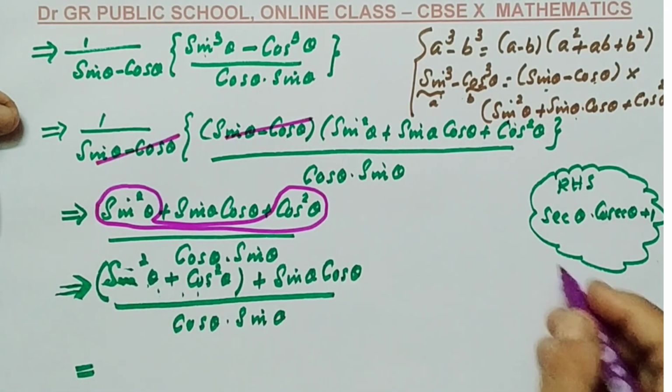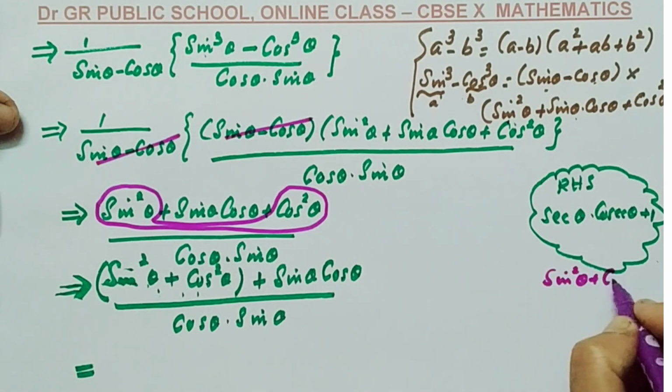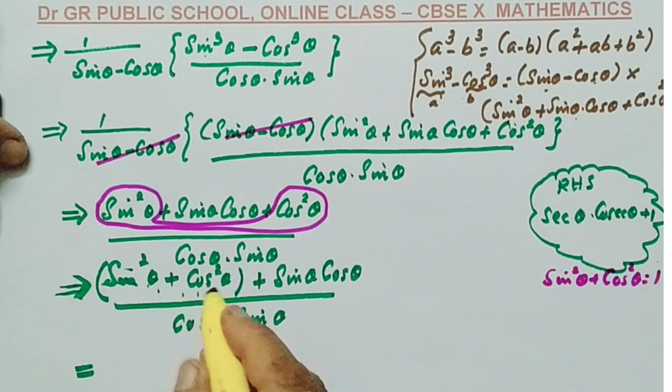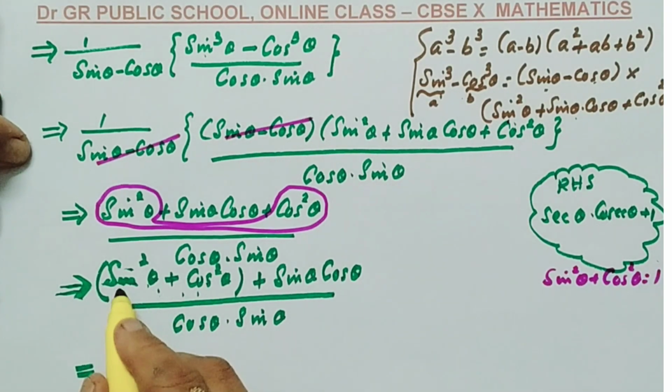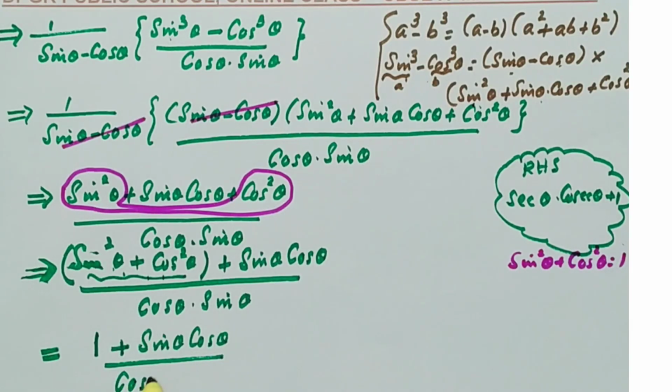The first bracket, sin square theta plus cos square theta, you can replace as 1. I am going to replace the first bracket with 1. This much is 1, plus the remaining sin theta cos theta, the whole divided by cos theta sin theta.